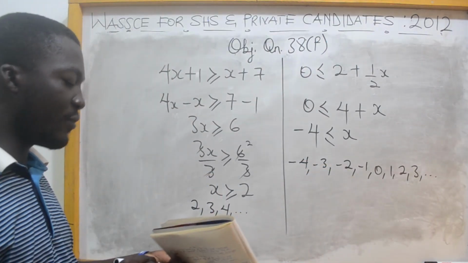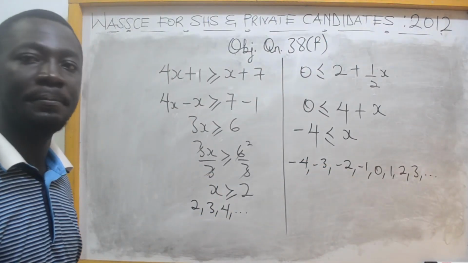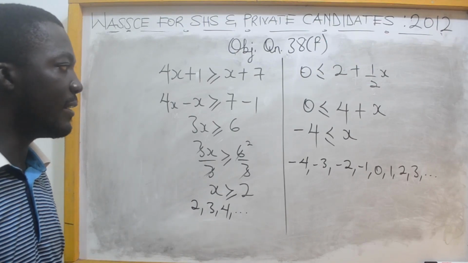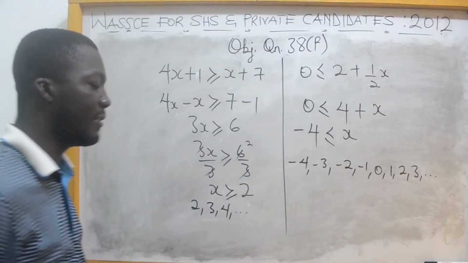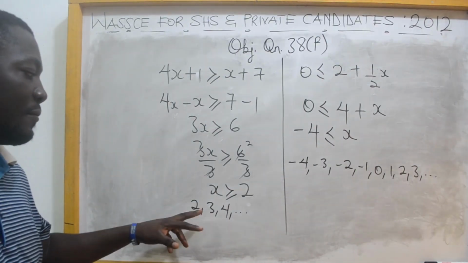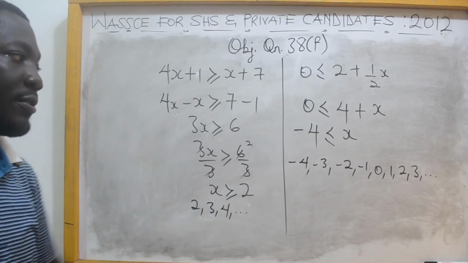So in this question, what we are trying to do is to find numbers that intersect with this inequality and that inequality.